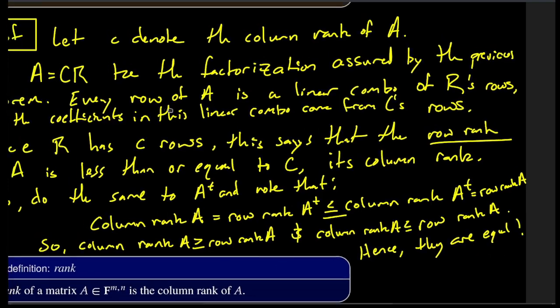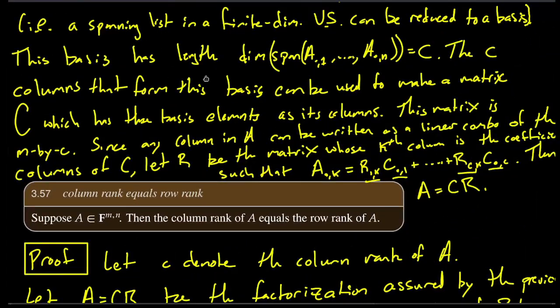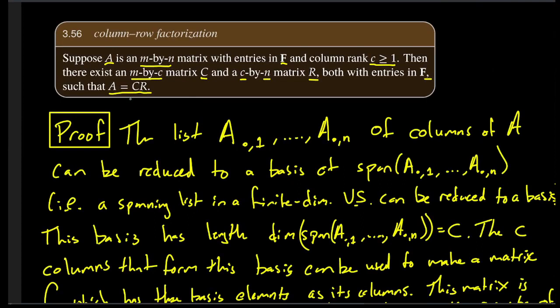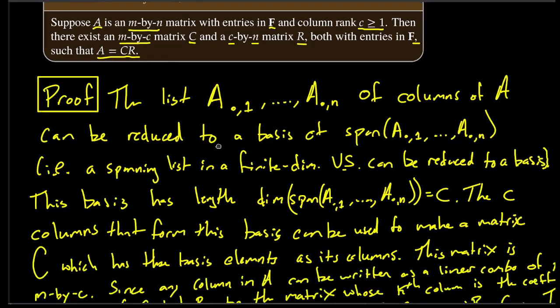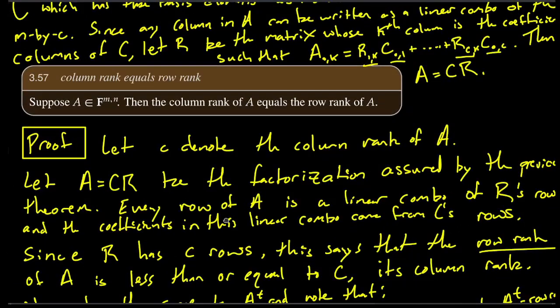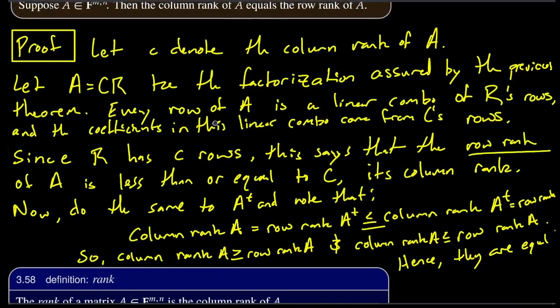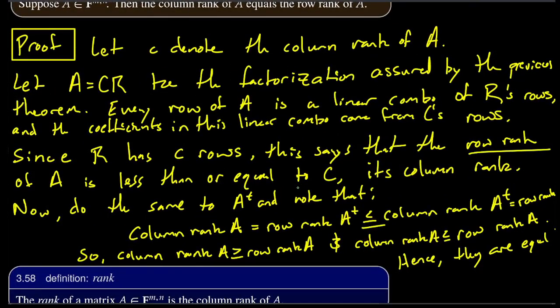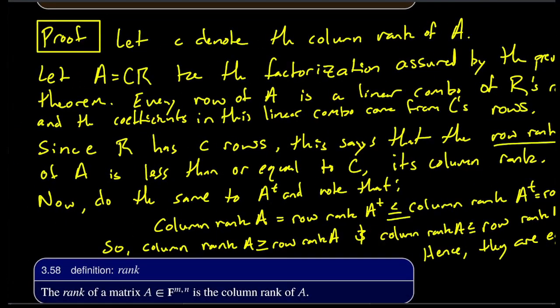Nice. All right, so all we had to do was factor A into CR, where C has as many columns as the column rank of A, and R has as many rows as the column rank of A. This let us get that the row rank is less than or equal to the column rank.